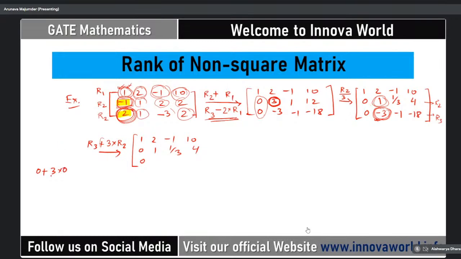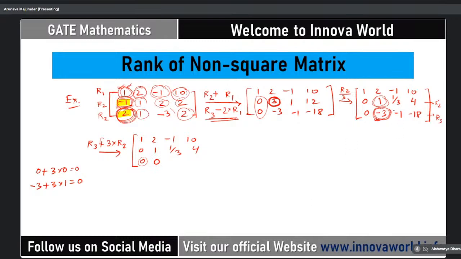So 3 into 0, this is 0. Second element. What is the second element of R3? Minus 3. So minus 3 plus 3 into, what is the second element of R2? 1. This is also 0. This was our target actually.